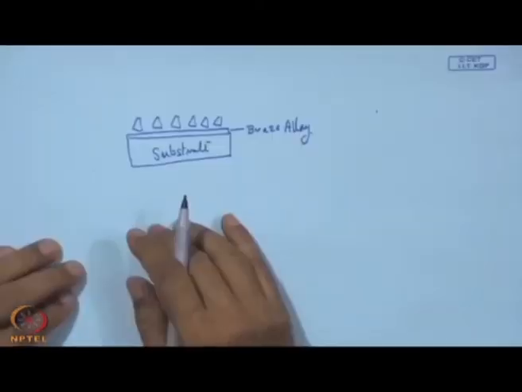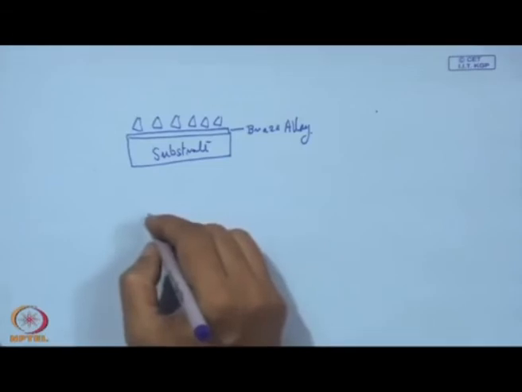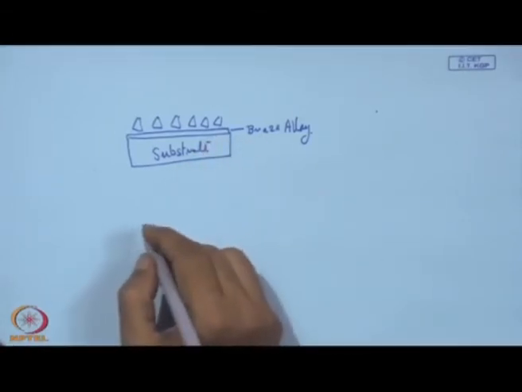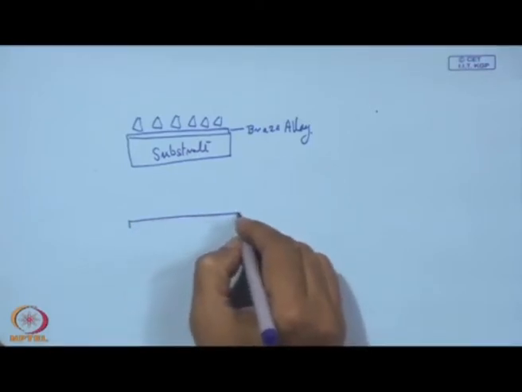So, what would be the idea in this case? The idea would be to have the braze alloy not in the form of a paste, but, as an innovative technology, in the form of a strip.